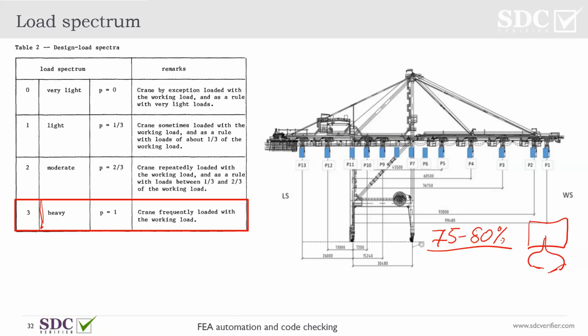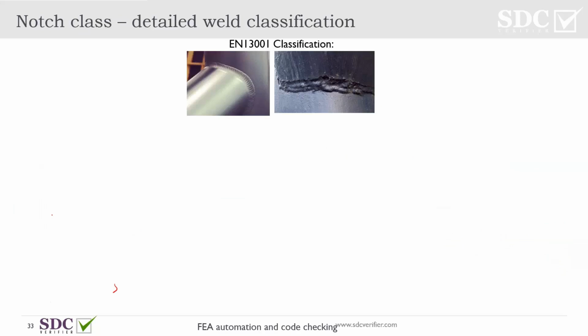Okay, another important thing I was mentioning is the characteristic strength defined by the notch class. I took two pictures just to easily represent what the difference is and what it comes down to.